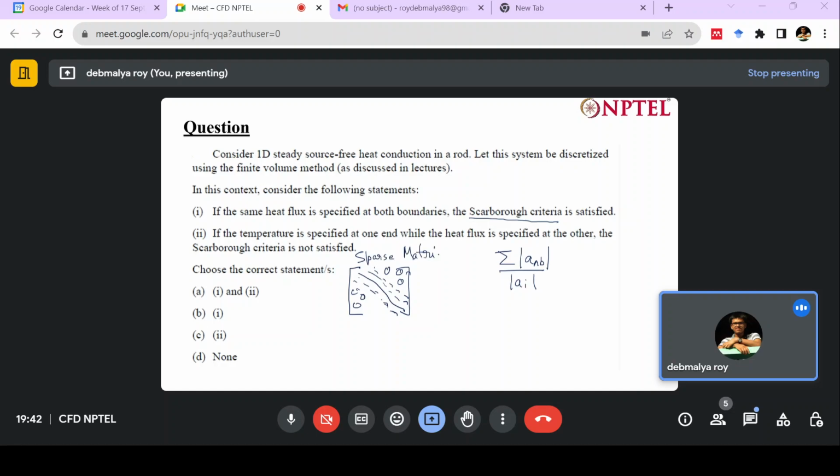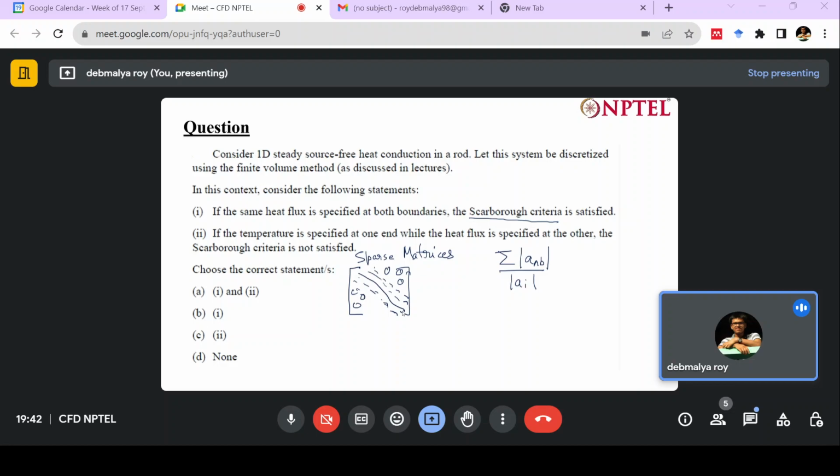Sparse matrices have some properties, and we exploit these properties to create faster and faster algorithms to find the inverse of a matrix. If you remember, our main aim is actually to find the inverse of the matrix, to find the best possible solution for x equal to A inverse b. So that's what we are trying to find.